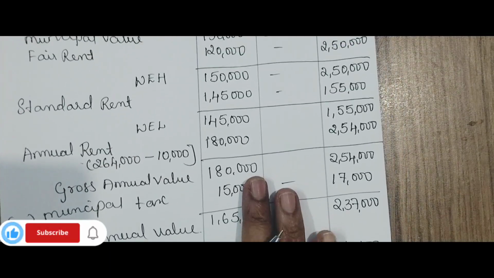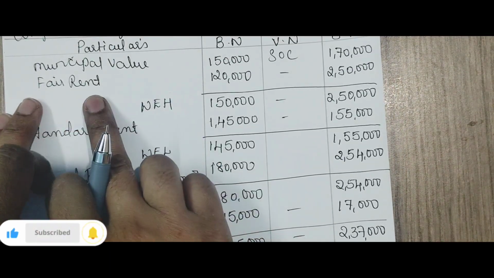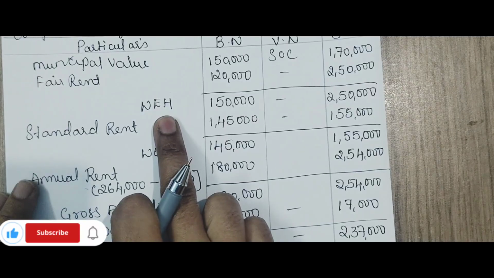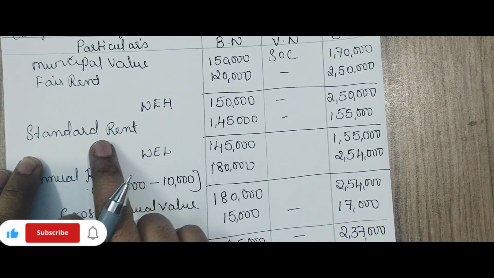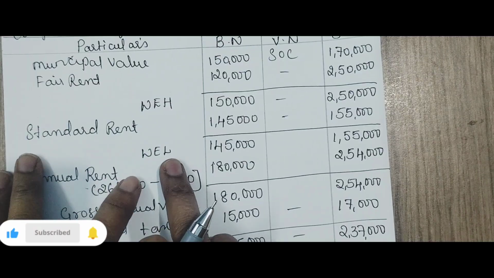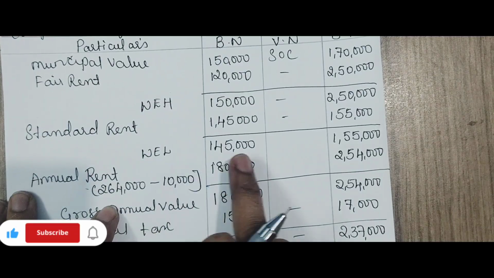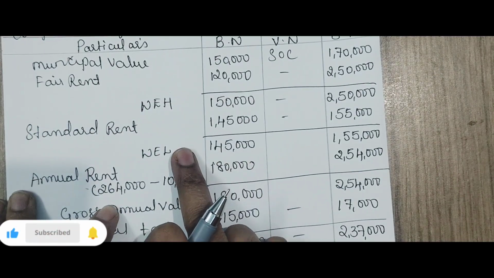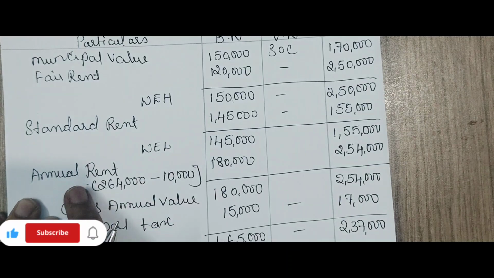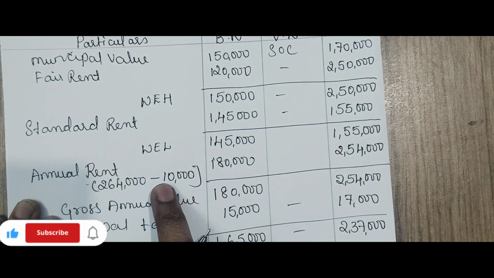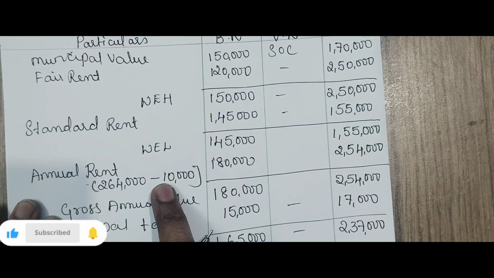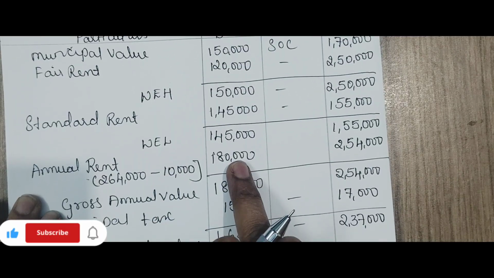Right? Understood? Municipal value and fair rental value, whichever is higher, will be called notional rent. With this you are comparing standard rent. Then you are taking whichever is less. It is called expected rent. With the expected rent, you are comparing the actual rent or annual rent. If any unrealized rent is there, that should be deducted, then you need to show it.